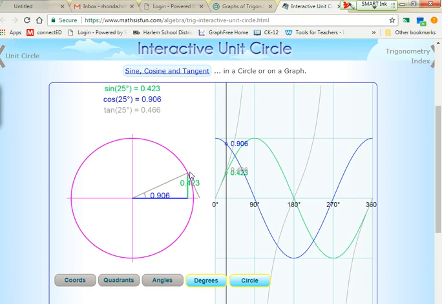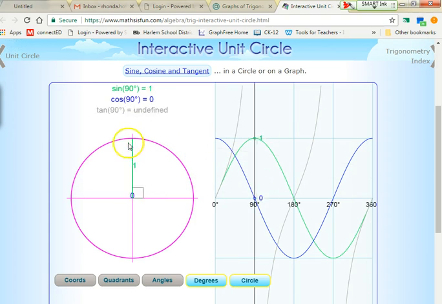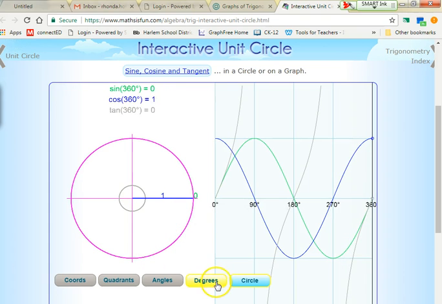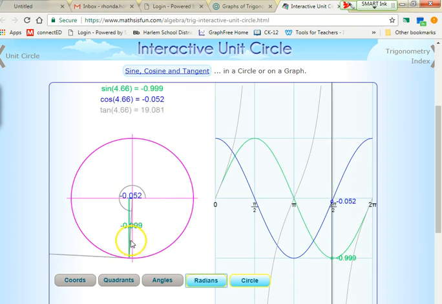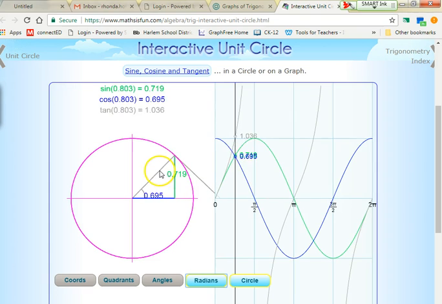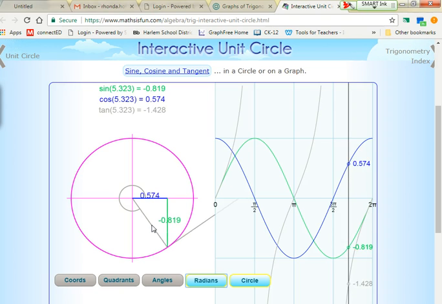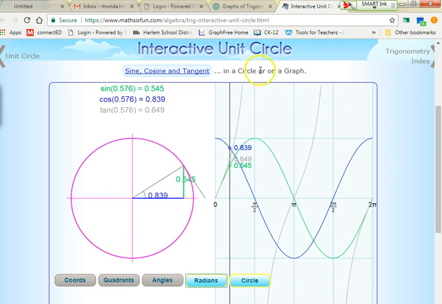Can you see the green? So it's tracing out the green over here on the right. Okay, it has it in degrees. I can change it to radians. Okay, are we good? Do you see where the little segments we drew a minute ago are working over there?